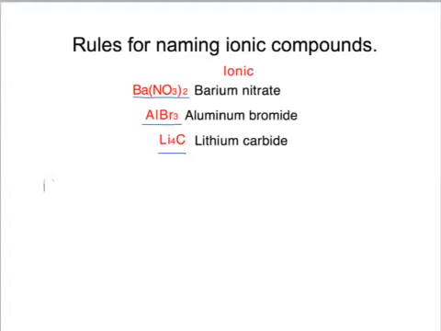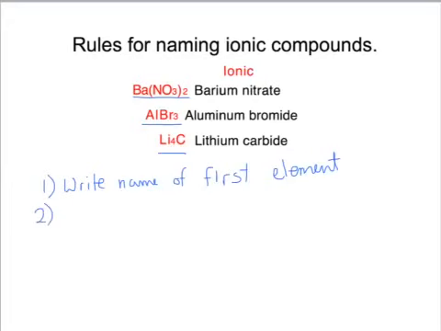So I would start by writing the name of the first element, which would be your cation. Next, write the name of the second element.